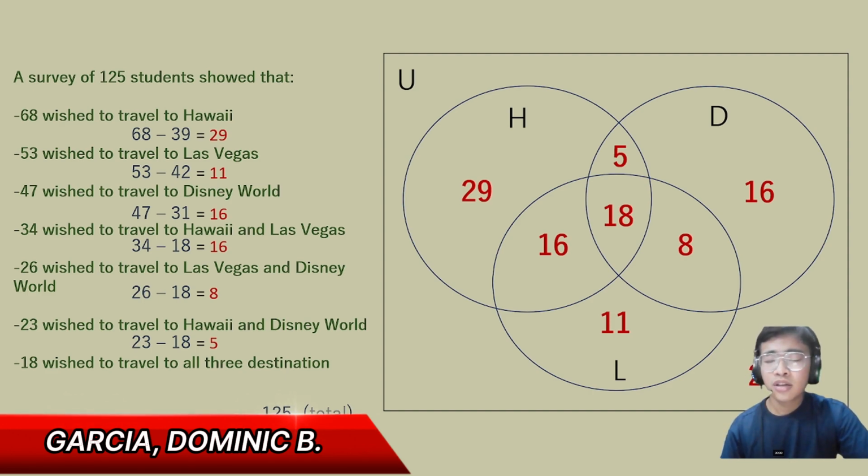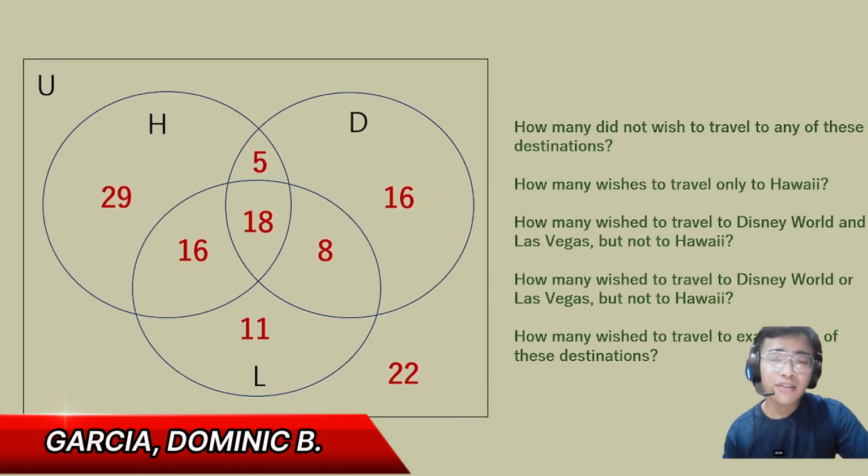Now we can answer these questions. How many did not wish to travel to any of these destinations? As I mentioned earlier, I got 22 outside the Venn diagram. So I put 22 here. 22 matches those who did not wish to travel to any of these destinations.